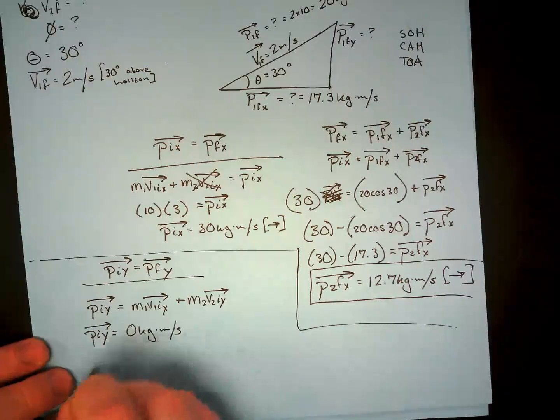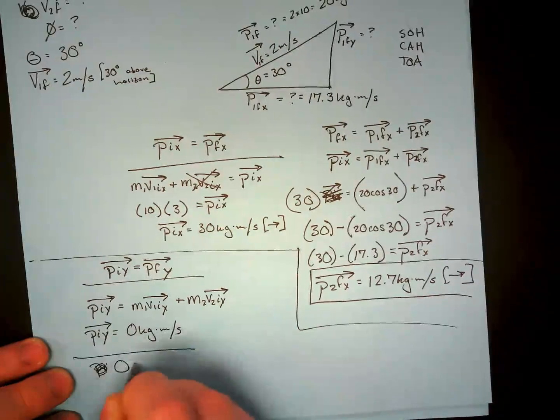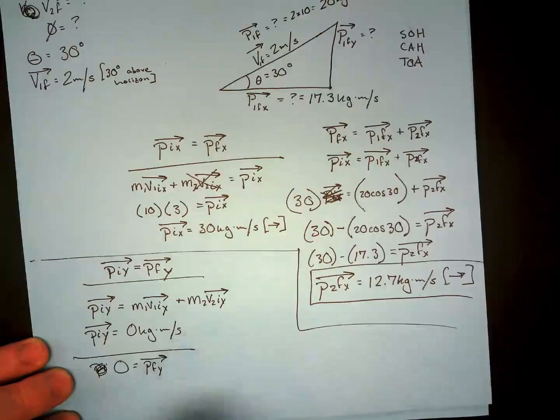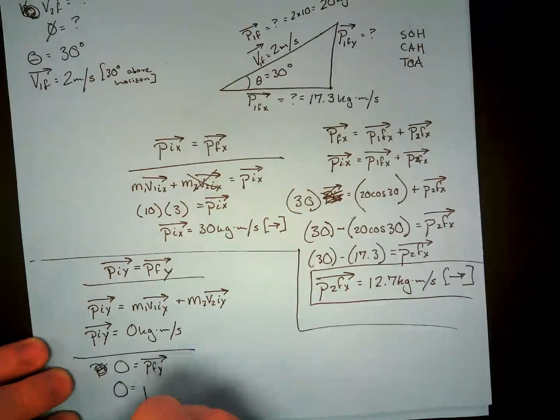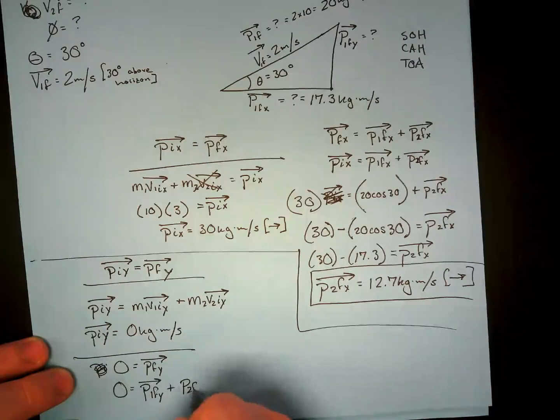Well, if PiY is equal to 0, it's going to be 0 is equal to PfY. Which then is going to turn into 0 is equal to P1FY plus P2FY.